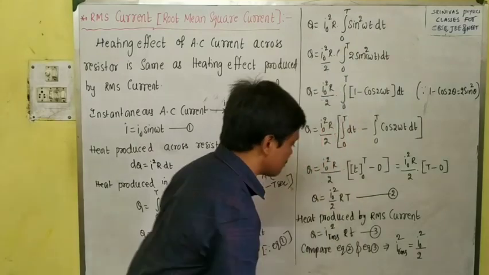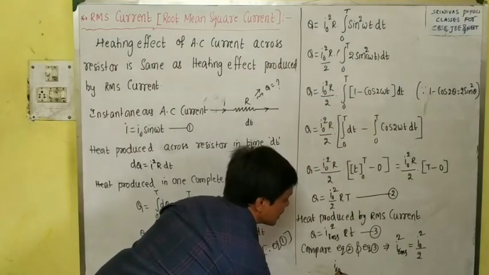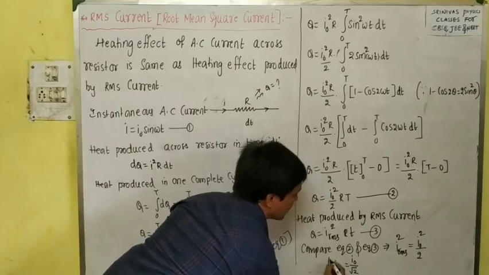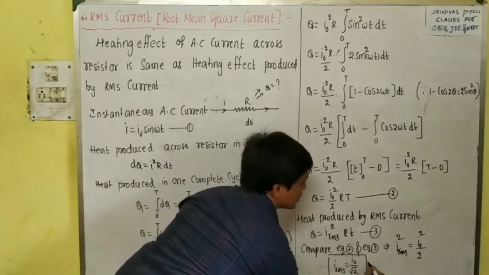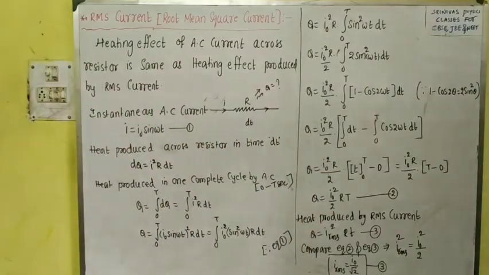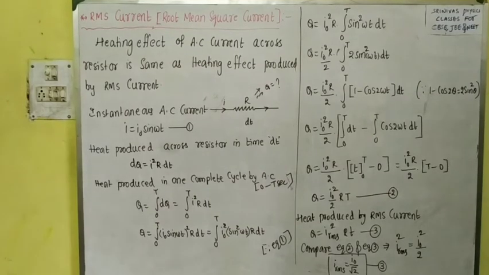What will you get as the IRMS formula? IRMS we will get is I naught by root 2. This is the formula for the RMS current.